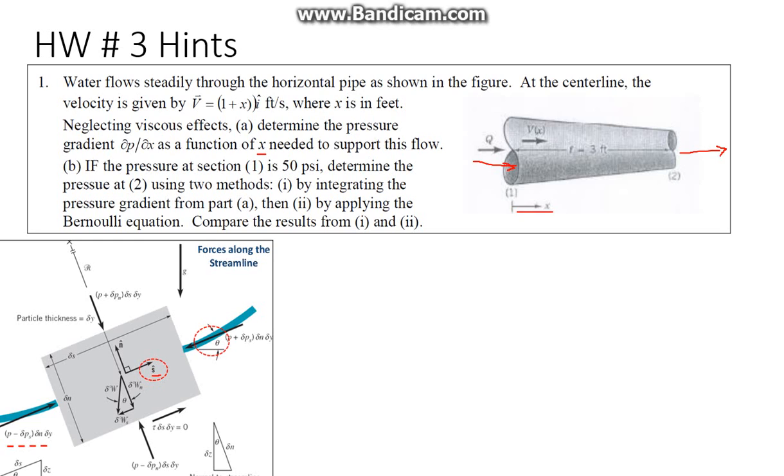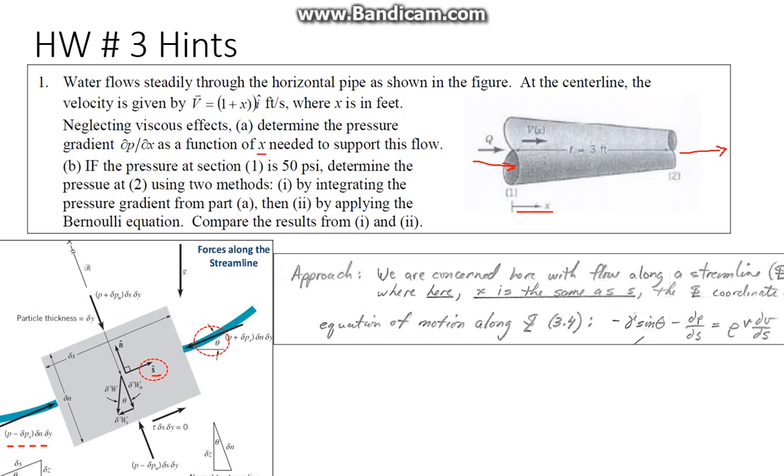So if that's the case, then we have ourselves moving along the streamline. X is the same as S, and the equation of motion along a streamline is given by gamma times sine theta, minus the change in pressure along S, which will be equal to velocity times the change in velocity along the tangent.